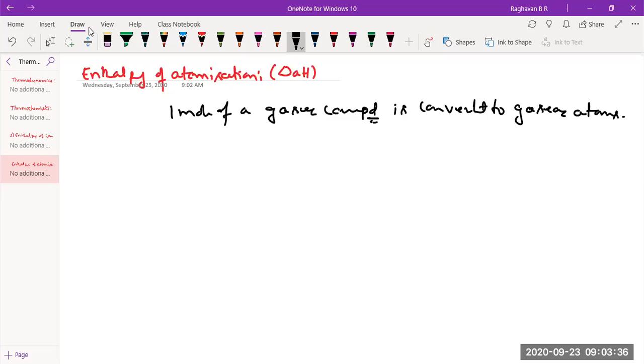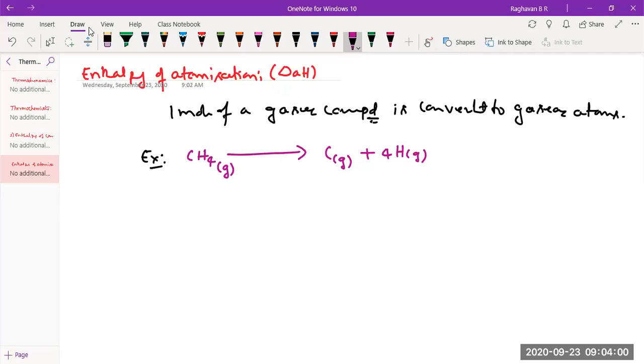For example, take methane. You take 1 mole of methane, of course it is gas. If the substance taken is solid, you have to convert it into gas and then break it into gaseous atoms: carbon gas and 4 hydrogen gas.